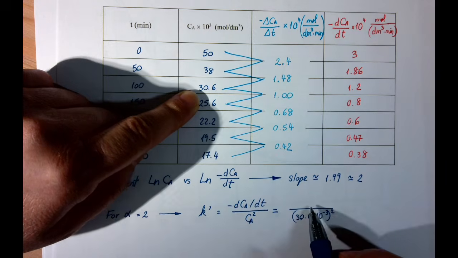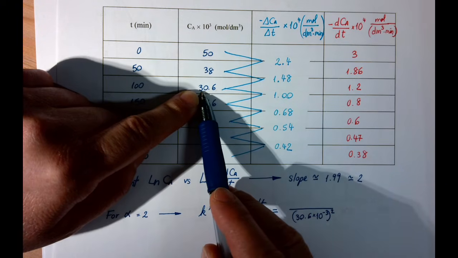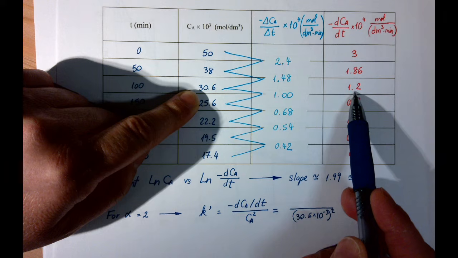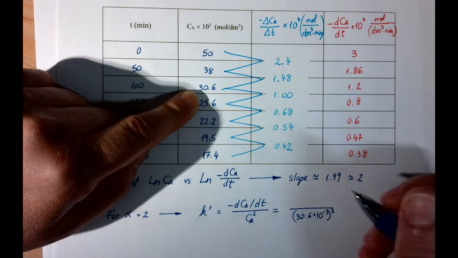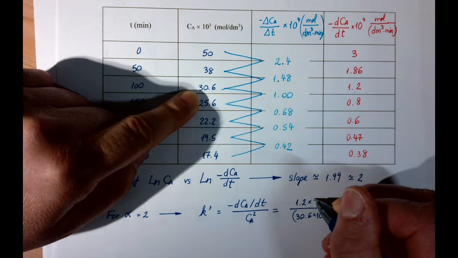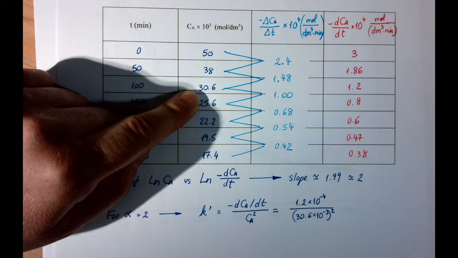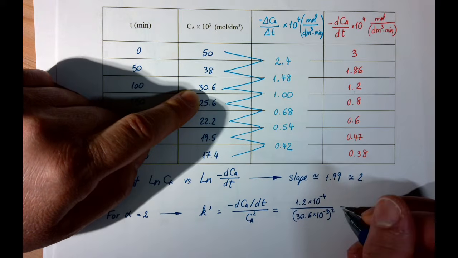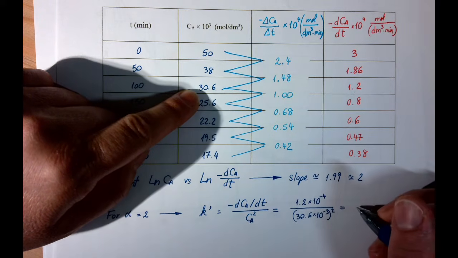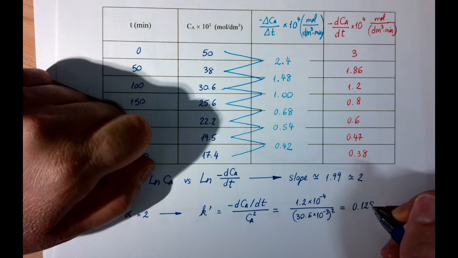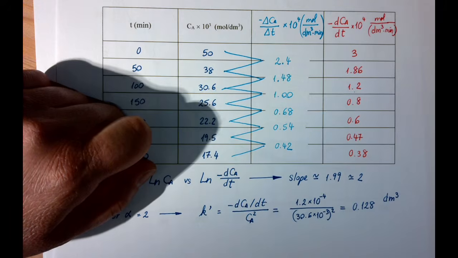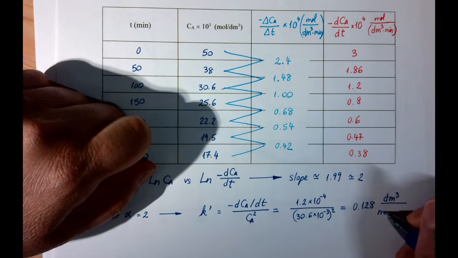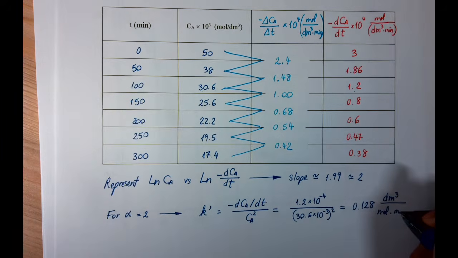And in the numerator, I'd have the corresponding value of negative dCA/dt, which is 1.2 times 10 to the negative 4. And this is going to give me a value for K prime of 0.128 with units of cubic decimeters per mole per minute.